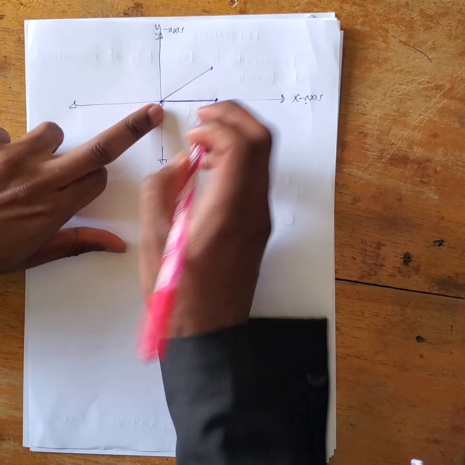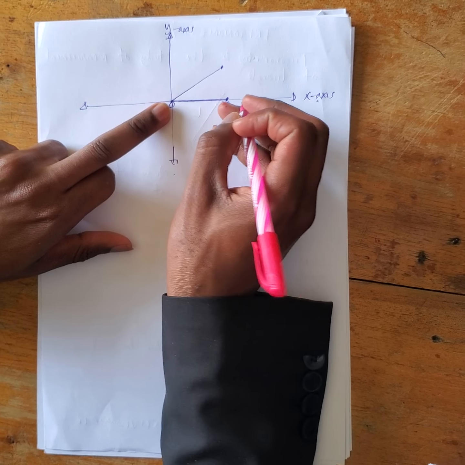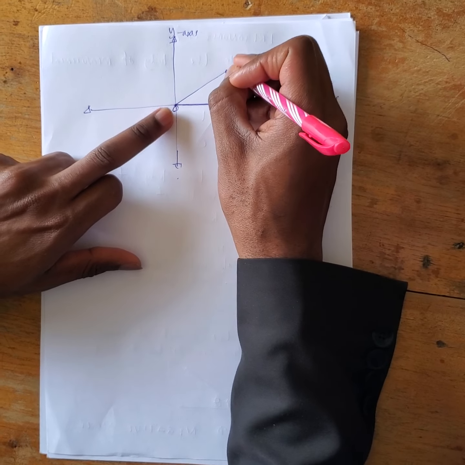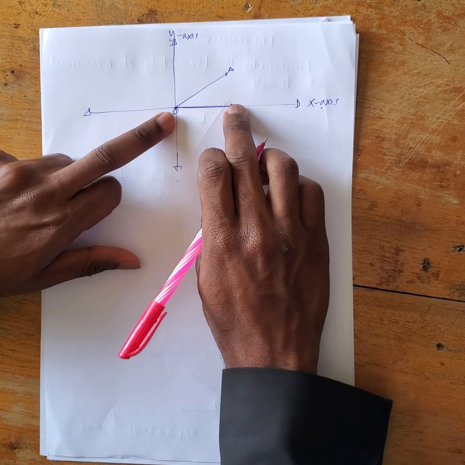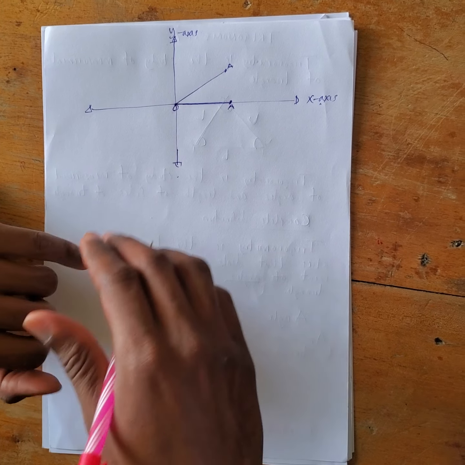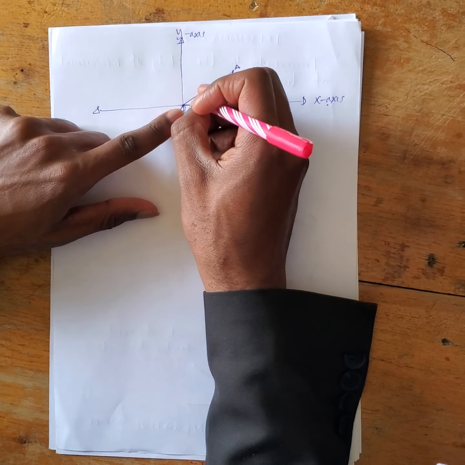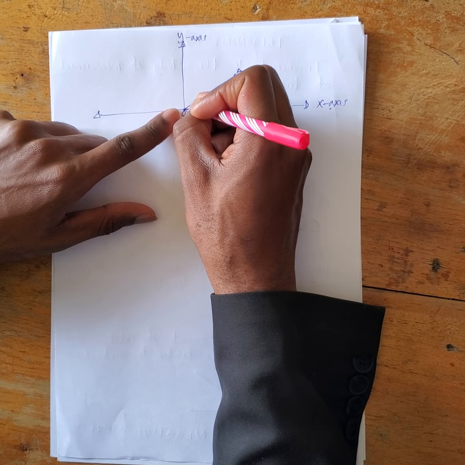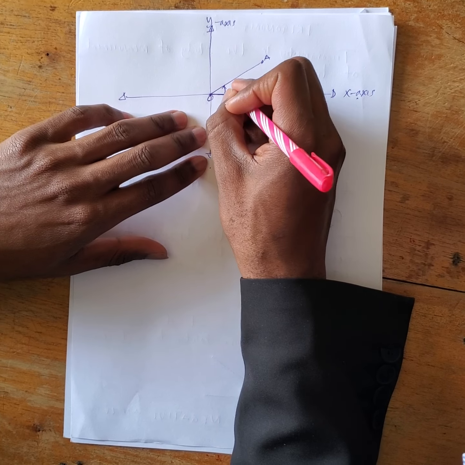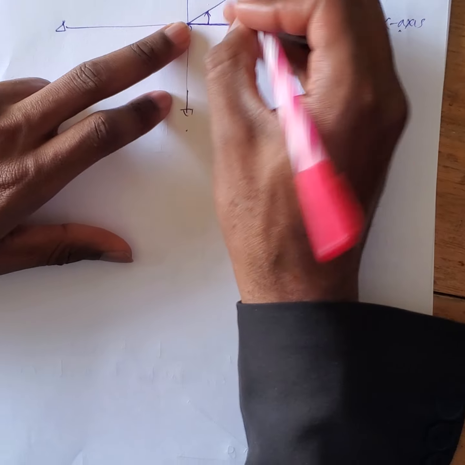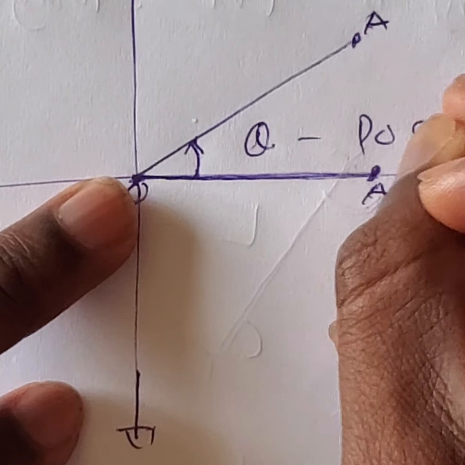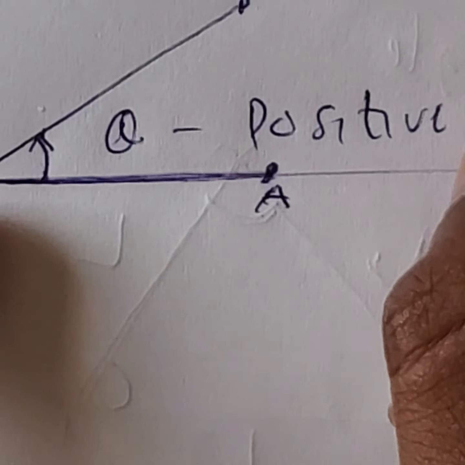When I measure this angle, line segment OA has rotated anti-clockwise from the positive x-axis. This angle is said to be positive.